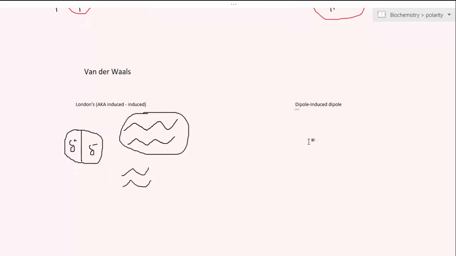Now here the nonpolar one will be induced by a dipole. For example, let's take HCl as a dipole with a nonpolar molecule. Let's take ethylene, for example. What's the problem with ethylene? Ethylene.